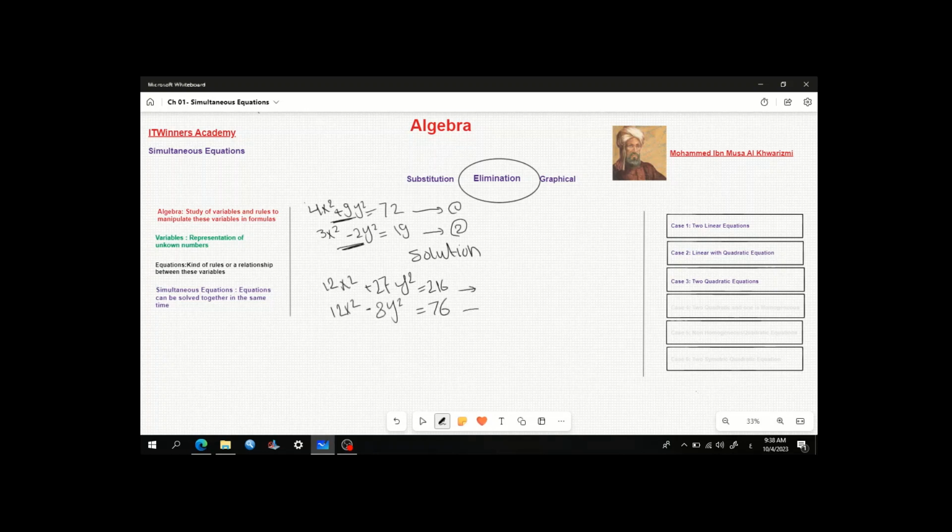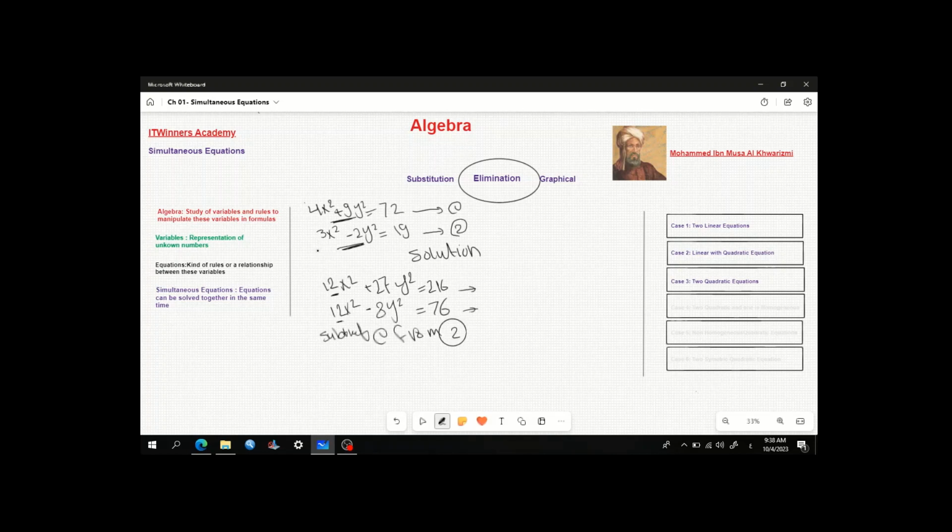I have two equations now, but the coefficients of x squared are the same in both, so I can subtract one from another. So subtract one from two.